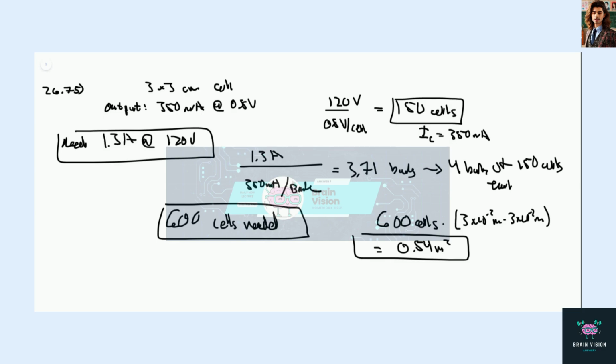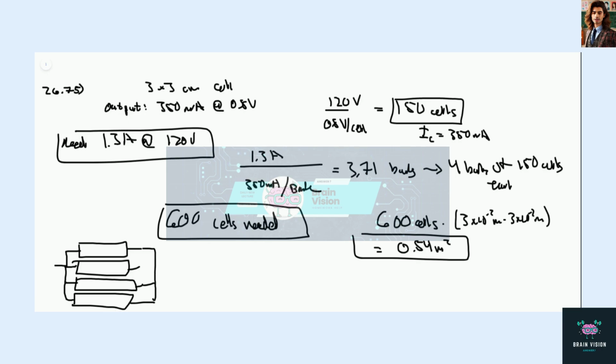So we're going to have 4 banks in parallel, like this, where each of these has 150 cells in series. So we have 4 groups of 150 cells in series, connected together in parallel.